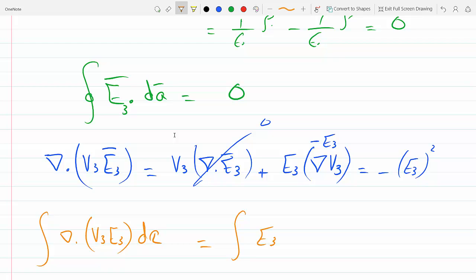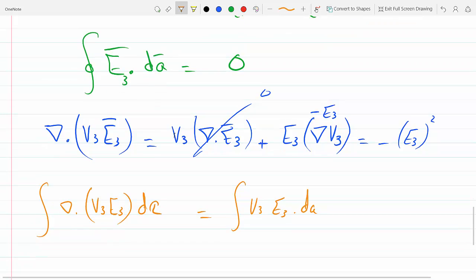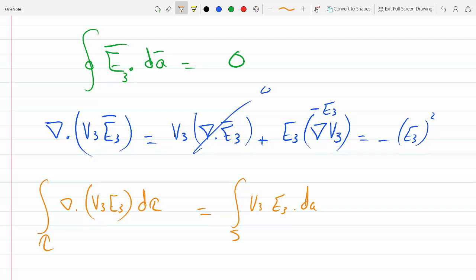First turn it into a surface integral, using the divergence theorem, so this is just V3 E3 dot dA. So we're going from a volume integral into a surface integral. And we just proved that this is nothing but negative E3 squared d tau, right?